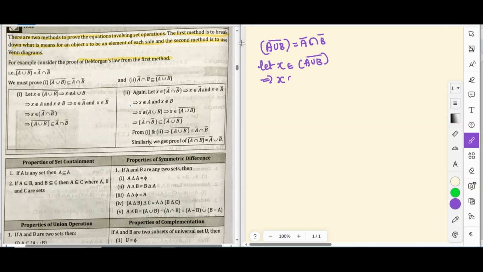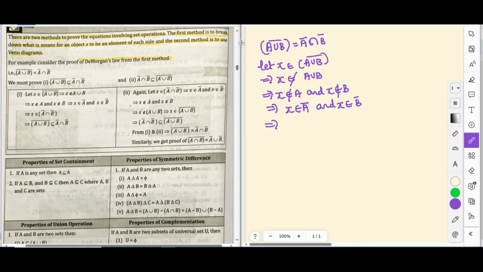This implies x belongs to A union B whole complement, which means x does not belong to A union B, that is, x belongs to neither A nor B. That is, if it is not there in A, it is there in A dash, and x belongs to B dash.